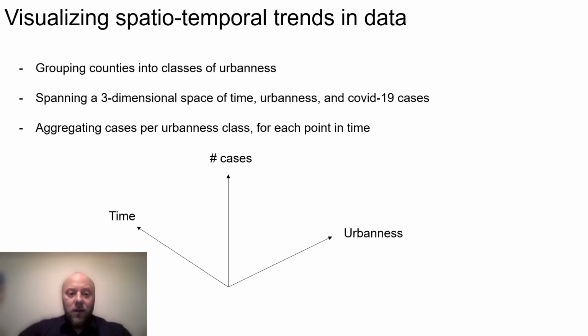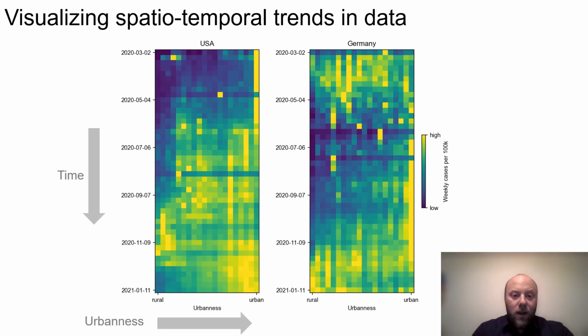So we group counties into classes of urbanness and aggregate the cases for each point in time and for each urbanness class or stratum. And we can then visualize this in a heat map.